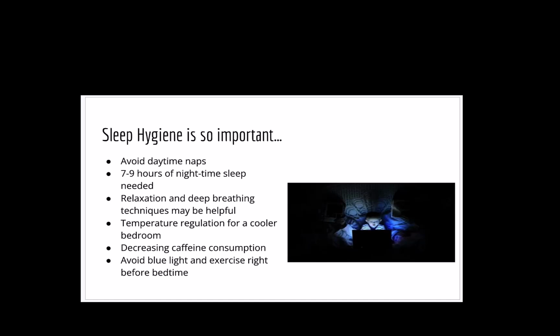And so adding in naps throughout the day, unfortunately, further interferes with their ability to then tap into that circadian rhythm at night, and then they have a poor night's sleep. And unfortunately, that's the time period where I really need them to get a nice, long quality nighttime sleep so that we can have brain healing occur. So we really want to encourage 7 to 9 hours of nighttime sleep and try and prevent daytime napping.